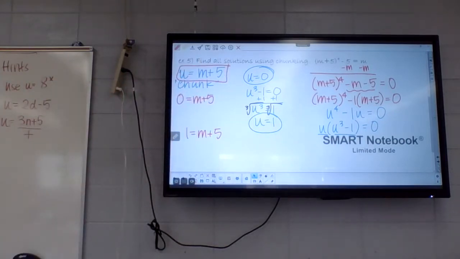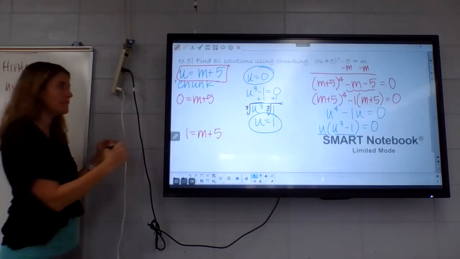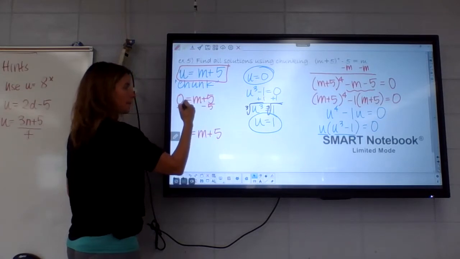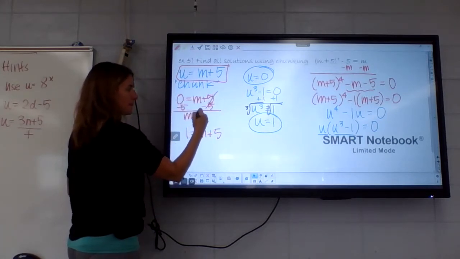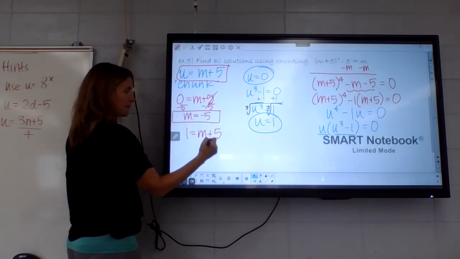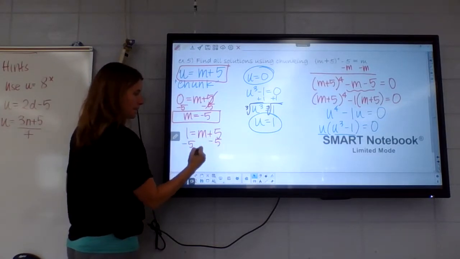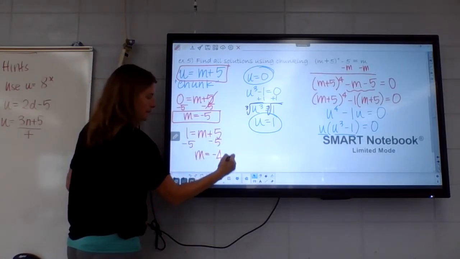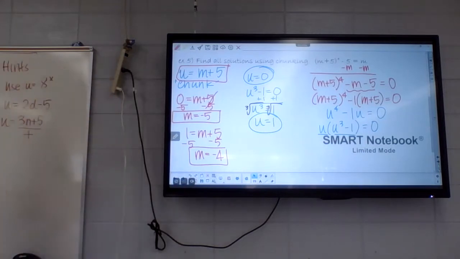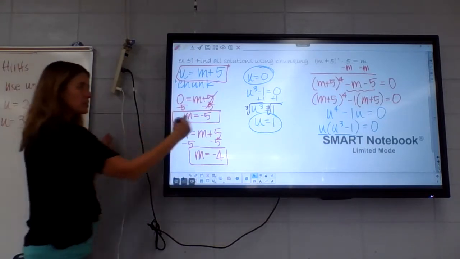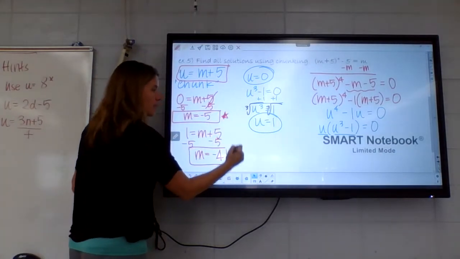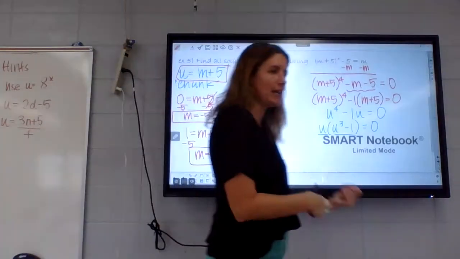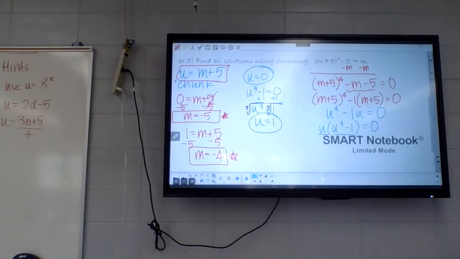So the second half of this problem is, now I have to solve this new equation for m. So I get two answers, -5 and -4 for my m. So these are my final answers. But that substitution in the middle helps me to get to those answers.